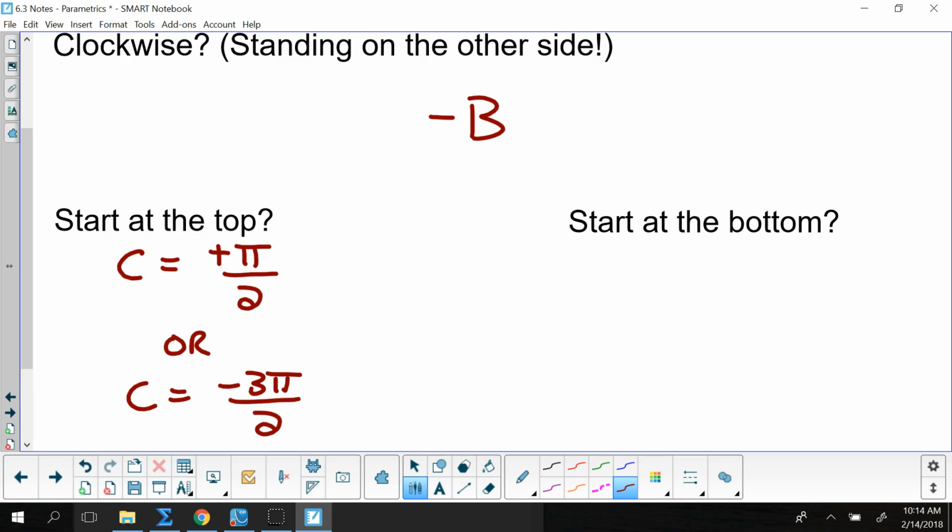Okay? All right? What if we now start at the bottom? How do those tweaks get made? Because normal, well, I shouldn't say normal, 85% of all Ferris wheels load at the bottom. So what would the tweak be on that one then? What do you got?